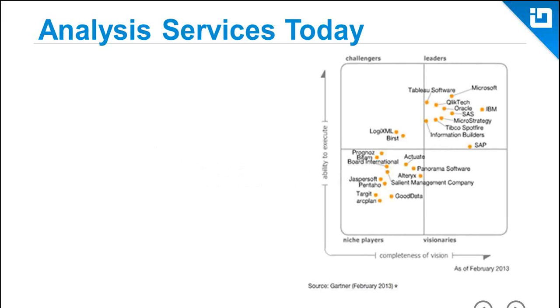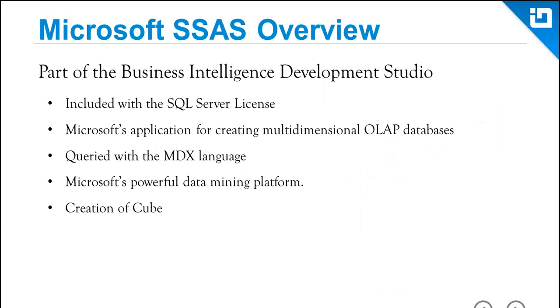You can see their names, but as such, we don't see visionaries in this. Maybe with time, when this matures, you can see more and more players, and we may see a different way of analyzing stuff.